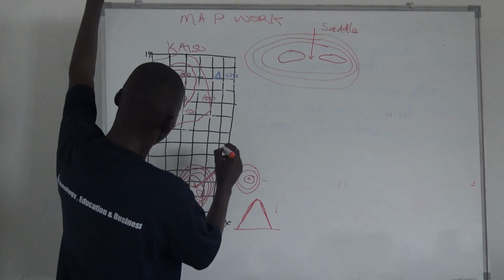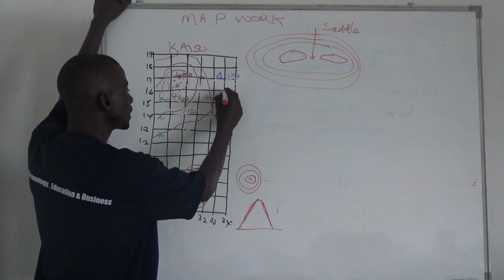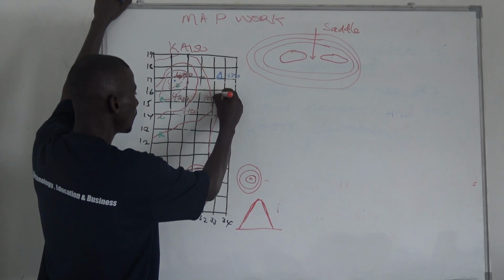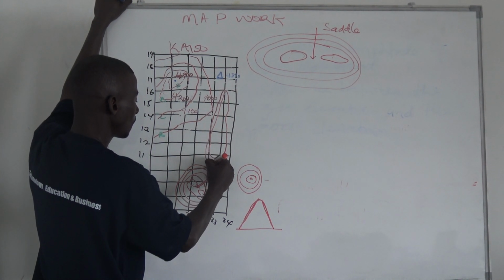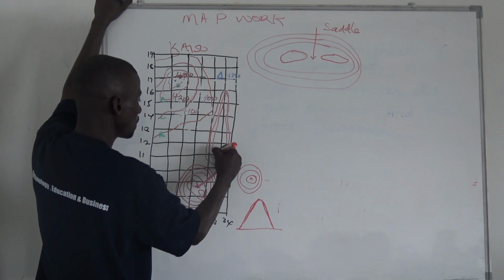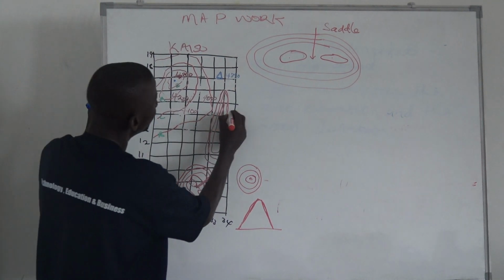Then there are some instances where we have contours that are moving like this. These ones form what we call a ridge.